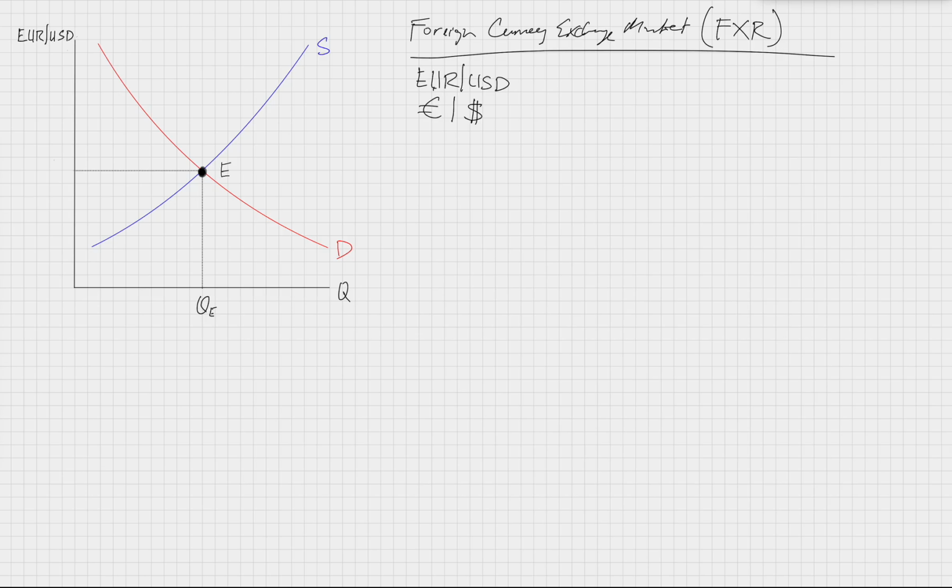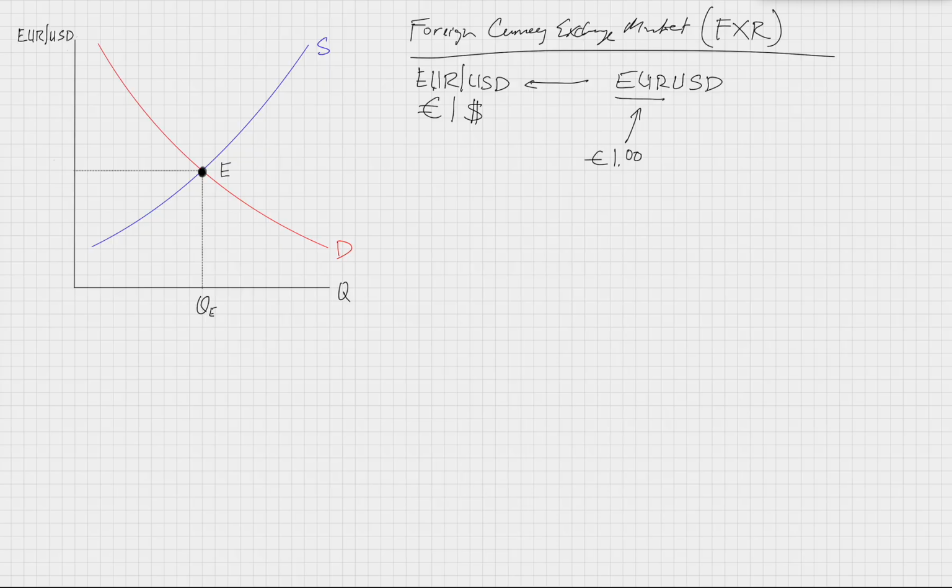Whenever you look at financial markets, you'll typically just see 6 letters in a row, much like this: EURUSD. The way to interpret that is the first 3 letters is the currency that we're looking at. This is always set at 1, so 1 euro.